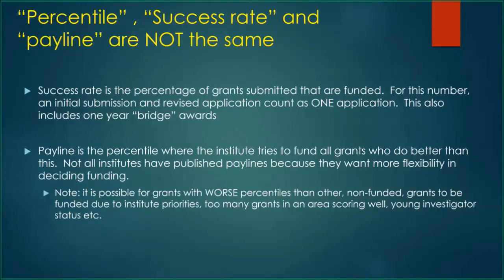And just to give you an example of a case where I know this happened in the National Eye Institute, a few years ago there was a cycle where essentially every single major investigator studying herpes virus infections of the eye submitted all their grants for the same cycle. Since these were all the top investigators in the field, they all scored very, very well, which meant that most of the grants within a certain percentile were actually all in this rather narrow area of herpes virus infections of the eye.